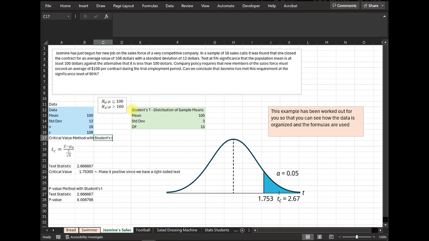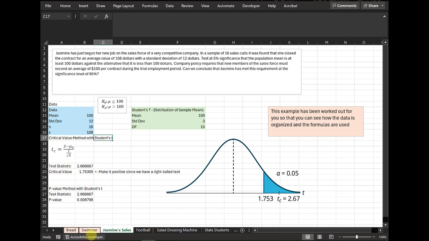What we want to show here is that she's met this requirement, right? Since you need to be at least $100 against the alternative, we need the alternative to be that mu is greater than 100. This is what we want to be able to show. So then our null will be obviously the opposite. You always need to know your null and alternative because this is going to really drive how you organize the rest of your data.